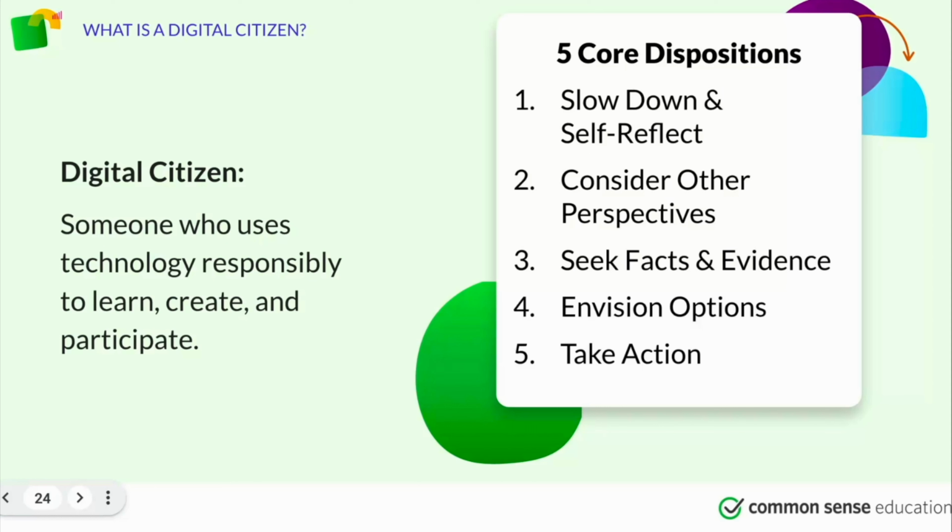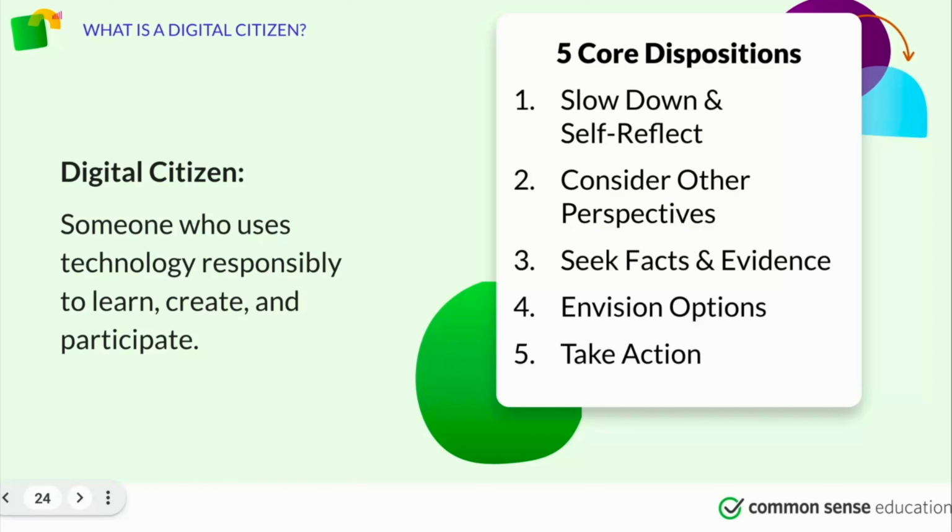We're teaching ourselves the habits to slow down and reflect when we consume something that maybe we are excited about or not so excited about. We have to take a breath, pause, and consider the perspective, right? We have to be more open to different perspectives that we're seeing when we read different articles and from different sources and different writers, seeking the facts and evidence. I'm a habitual lateral reader now.